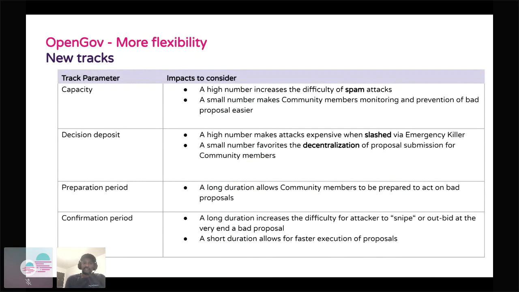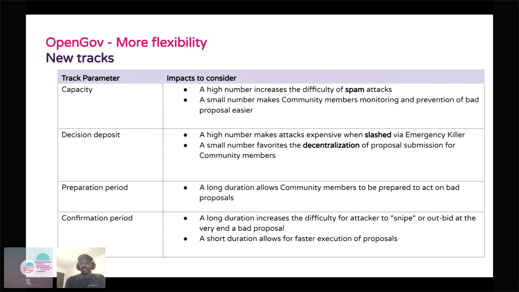But if it is too high, then as a community member, if you want to monitor the capacity of a specific track, you will have to monitor a lot of different proposals. So it would be a bit tricky to prevent a bad proposal from happening. So it has to be well thought out. The decision deposit is the same thing. If it is high, an attacker will have to spend a lot of tokens in order to post something harmful.